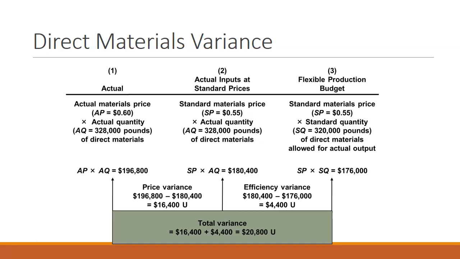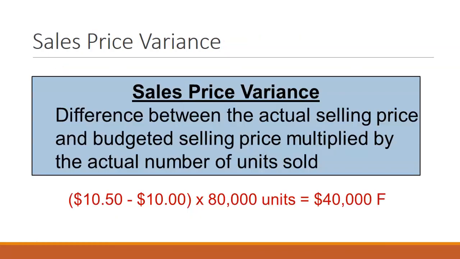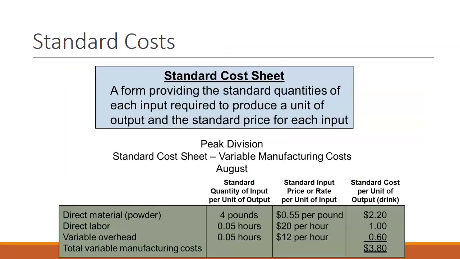So that goes back to that standard number chart, where we go back to the standard pounds. We're going to use 4 pounds of direct material at 55 cents per pound. So those are our standards.